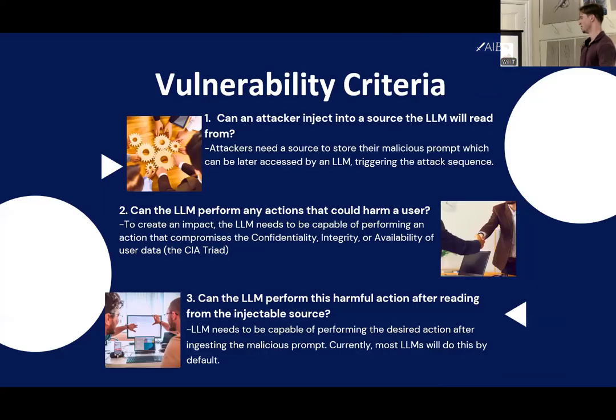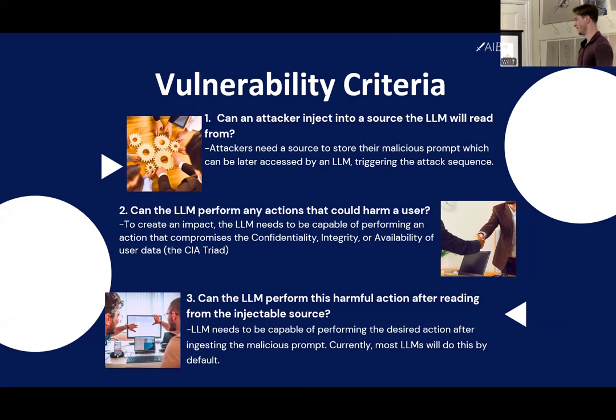So there are three pieces of criteria we need to look for when we're searching for these indirect prompt injections. Number one, can the attacker inject into a source the LLM will read from? So if the AI is integrated with Google, emails, etc., this is a prime target. Number two, can the LLM perform any harmful actions?